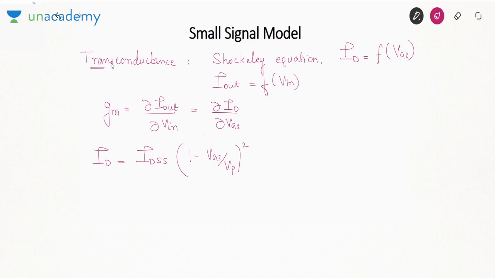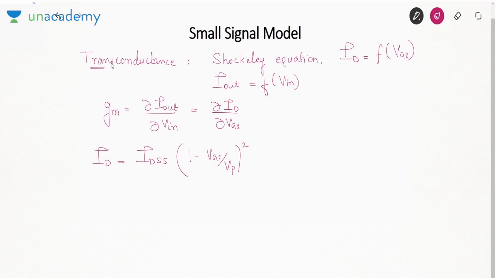If I ask you in which of those models the transconductance appeared, it only appeared in the hybrid pi model, which means here also when we will be designing the small signal model, I will be designing the hybrid pi model. So the main advantage when we are studying JFET and MOSFET is that we have only one model for analysis, unlike BJT where we had 3 models. Here only one model will be used, and that model will be hybrid pi model.